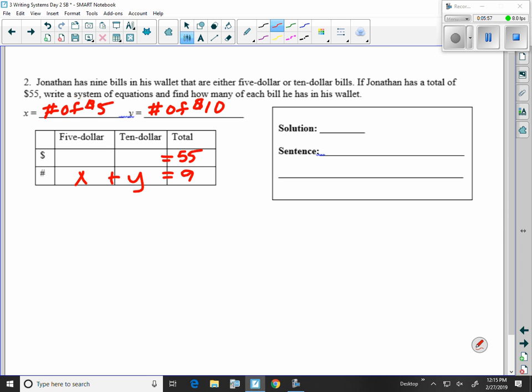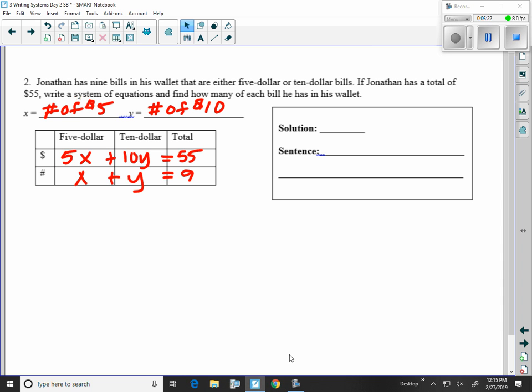Now, if we wanted to put a price to that, we would take each $5 bill, each x value, and multiply it by 5. And then we would take each y value and multiply it by 10. That would give us the value of how much money John has, not us.